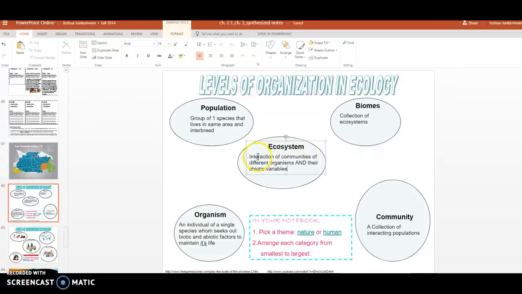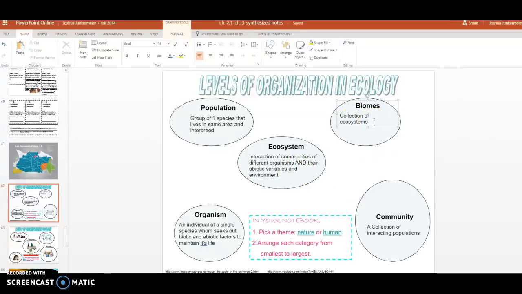So an ecosystem is an interaction of the communities, a bunch of different organisms that are all having big populations, and how they use their environment or their abiotic factors. Finally, if you take a bunch of ecosystems and group them together, because they have similar climates, you have biomes.